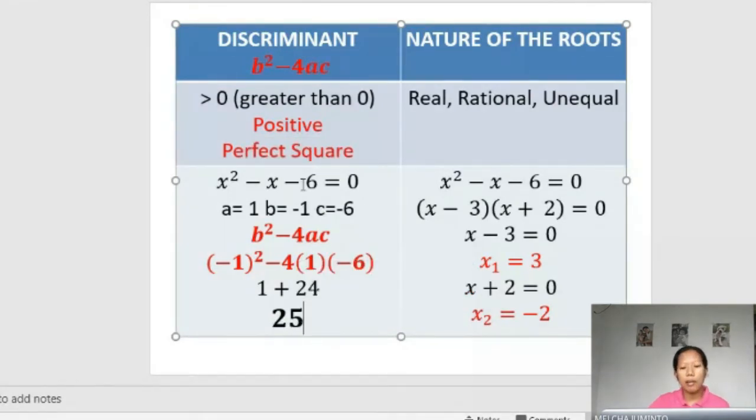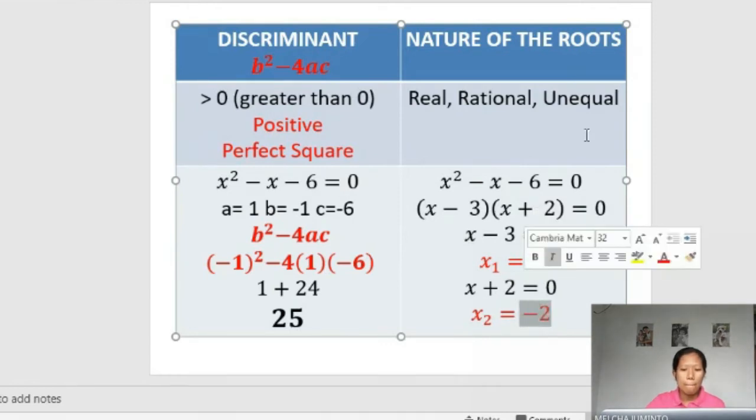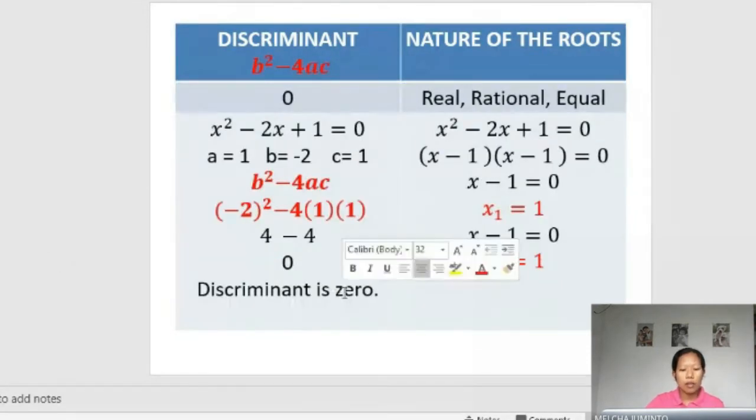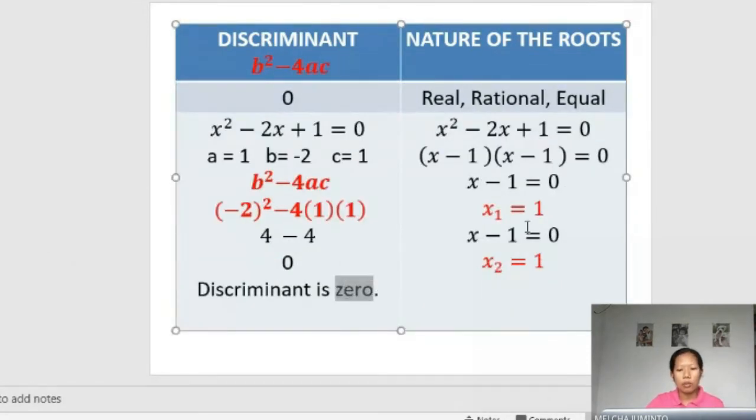Now, if the discriminant is positive or greater than 0 and it is a perfect square, we're looking for roots which are real, rational, but unequal, or different. Unlike the first one, if the discriminant is 0, we're looking for equal roots.